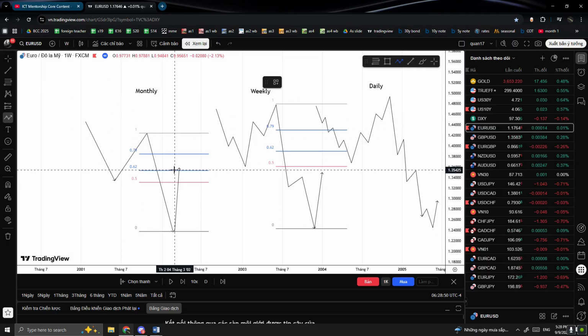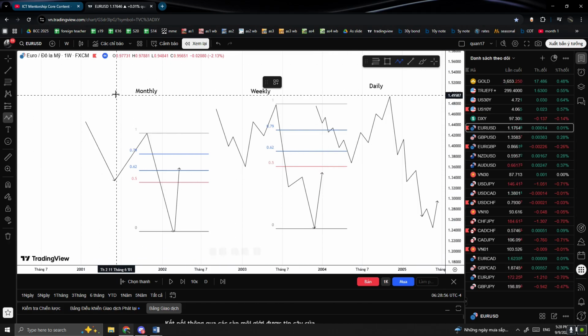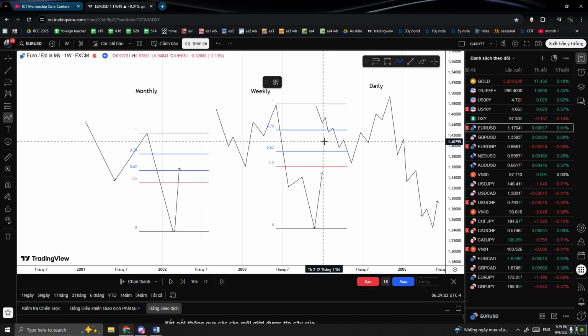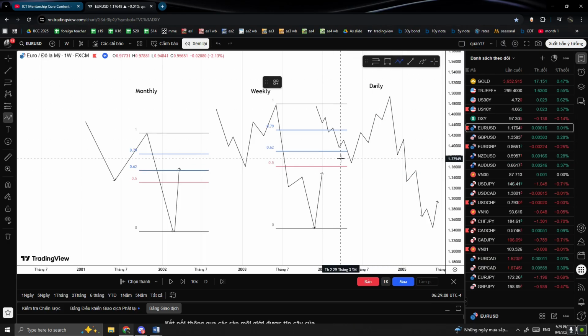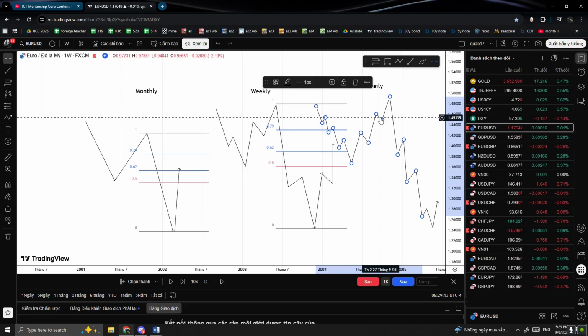The monthly is still bearish, even though the daily and the weekly are bullish. The high time frame long term direction is bearish. So in this zone, if the weekly breaks structure down, then sure, it's going to be bearish, right? But when we come here, let's move the daily a little bit further away.